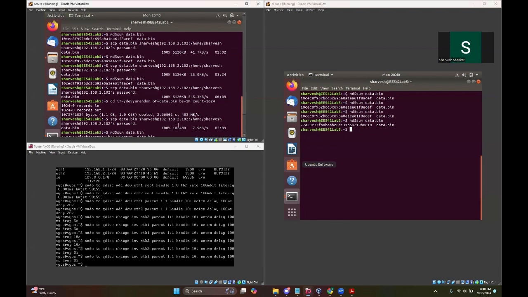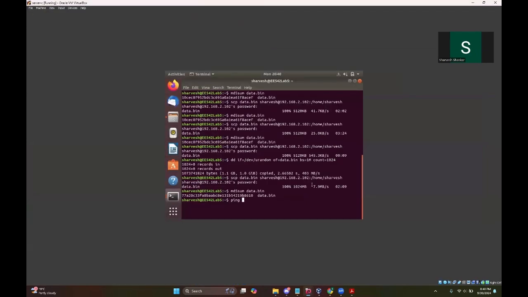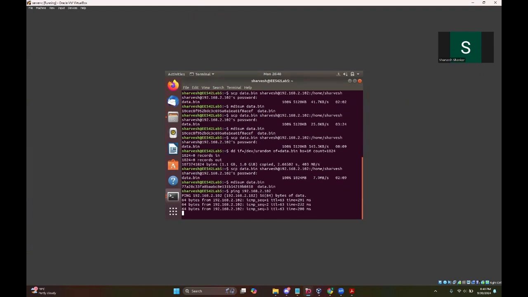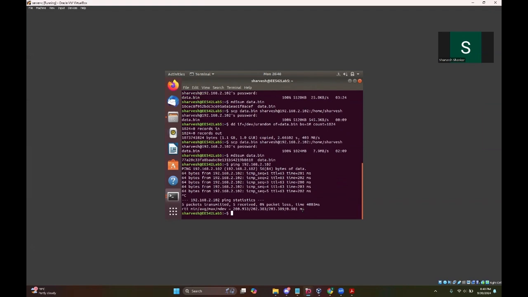Yeah, so here we could see the client has 200 ms of delay. In the ping, we find that we have 200 ms delay.